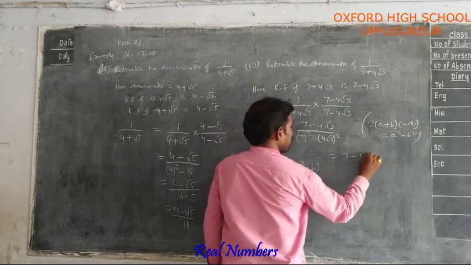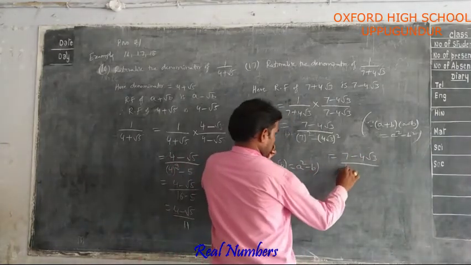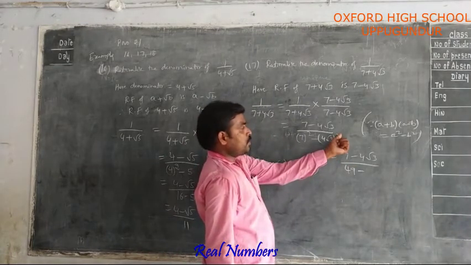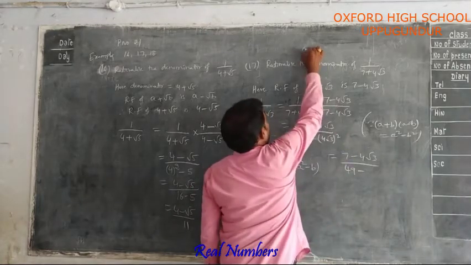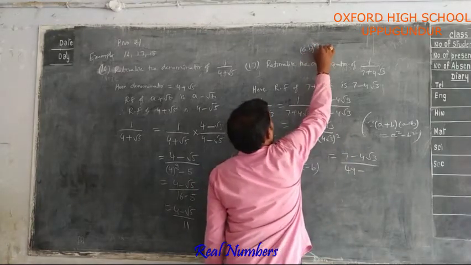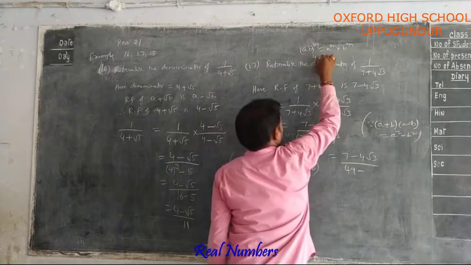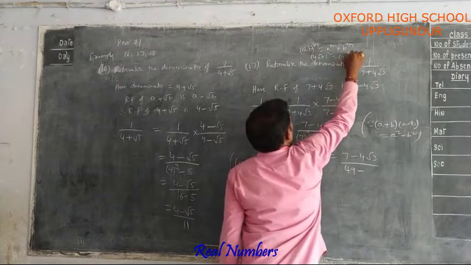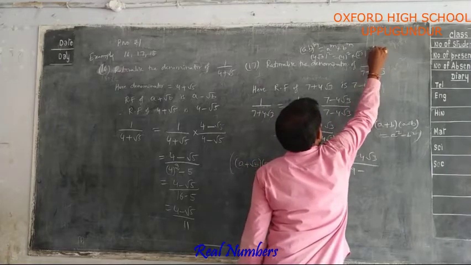Now 7 minus 4 root 3 by 7 square, whose value is 49 minus, this square is for both 4 and root 3. That's why: what is ab whole power m? a power m into b power m. Similarly, 4 root 3 whole square means 4 square into root 3 whole square. 4 square is 16.